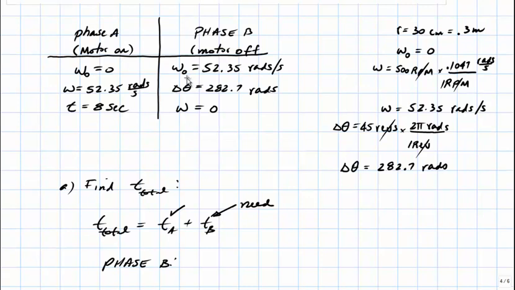So again, the chart contains omega 0, delta theta, and omega, and we would like to use those values to determine alpha. So let's take a look at the rotational motion equations now.